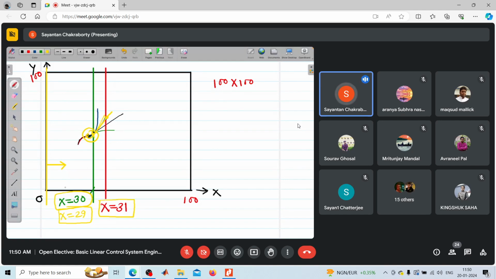So at x equal to 30, to draw the line from 29 to 30, we are relying on data which is at x equal to 31. That is a future input. So that is why this non-causal operation is present in practice, and that is why this classification, causal and non-causal, is there.